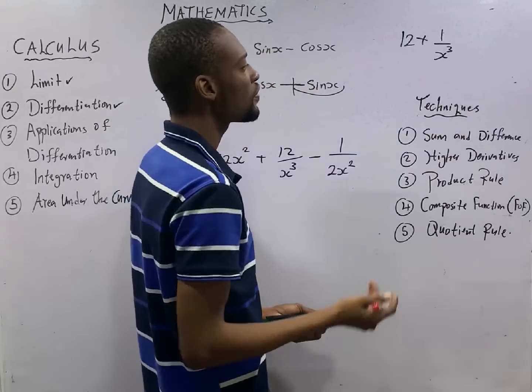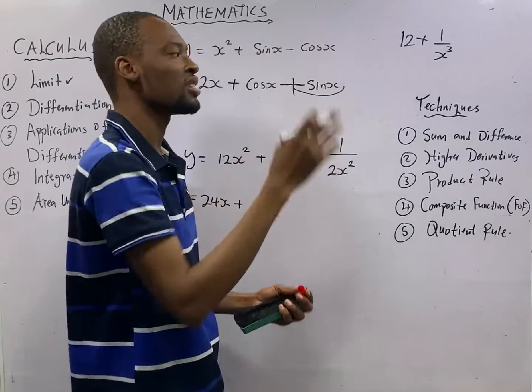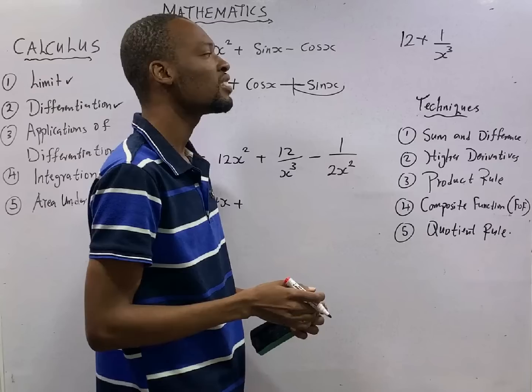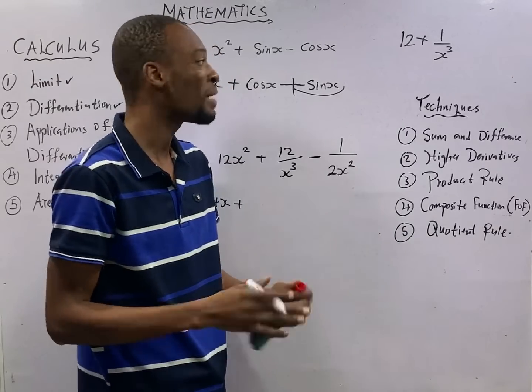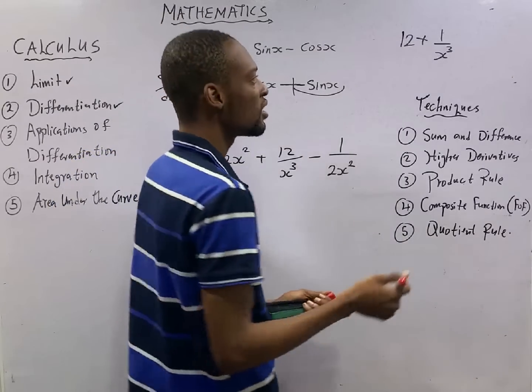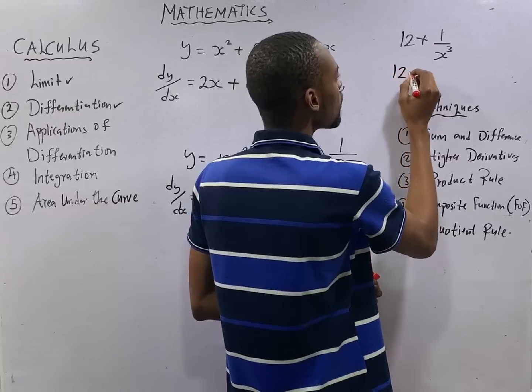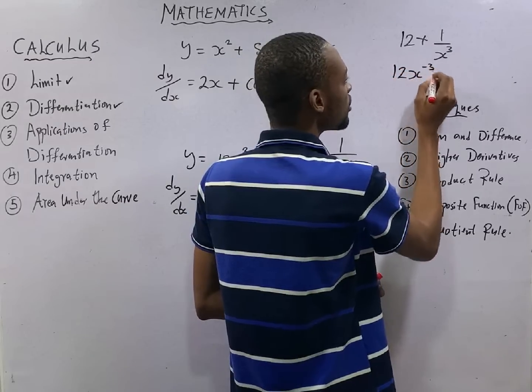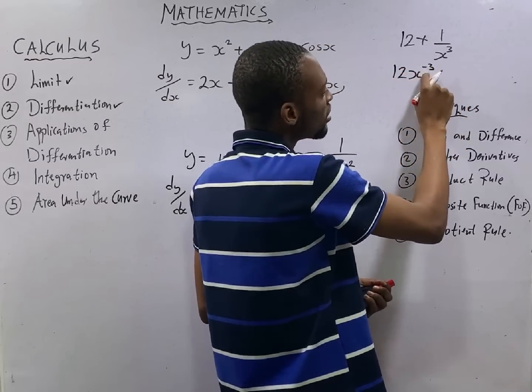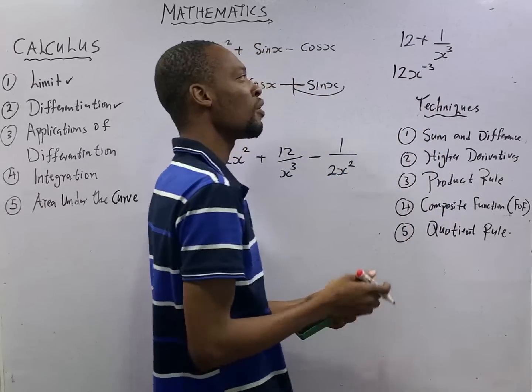If you have 1 over something raised to the power of something, 1 over means minus. That is what 1 over means. So this is the same thing as 12s raised to the power of minus 3. So the minus here means 1 over s raised to the power of 3.